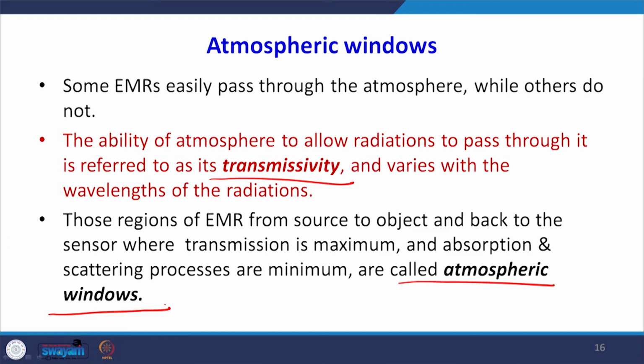In fact, this window is like an opening. We have windows in the house where the air can pass through. Similarly, windows in the atmosphere are those regions where the reflected energy can pass straight through and reach the object without any loss. This is a very famous diagram of the atmospheric window.